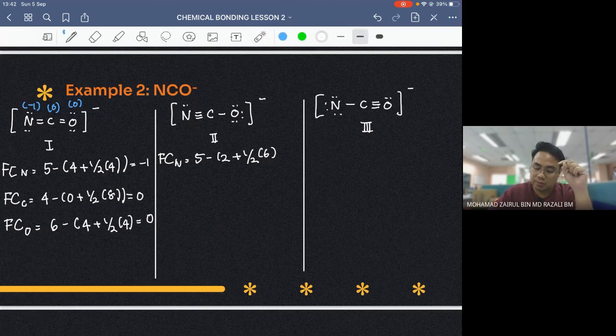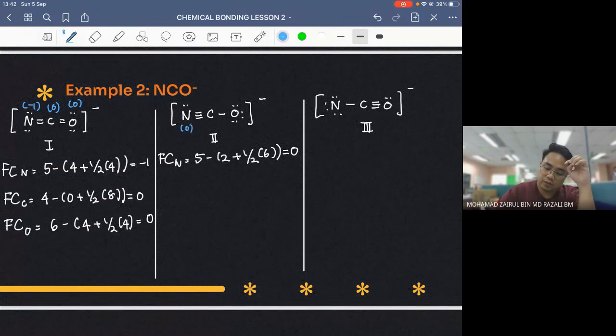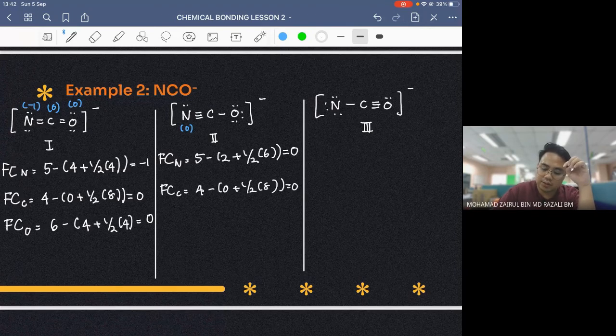Okay, so 2 plus 3 is 5. 5 minus 5 equals 0. So the formal charge of nitrogen is 0. The formal charge of carbon will also be 0. So if you calculate, you will get 0. Formal charge of carbon is 0.